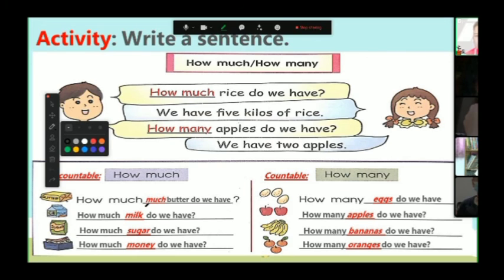Don't copy this one. Okay, take a screenshot and copy it into your book. And after that, take a picture and send it into our Line group, okay?